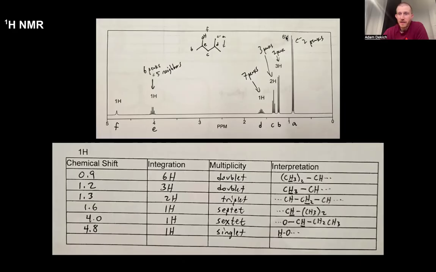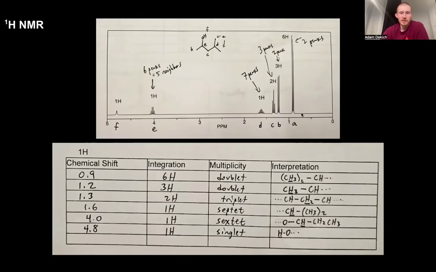So I would suspect that these are 2 methyl groups, and they are probably bonded to a CH because there's only one hydrogen on that one. And if we go further downfield, we've got B, 3H, and that's probably also a methyl group that's attached to a CH because it's a doublet, which means N+1, so it only has one neighboring hydrogen.